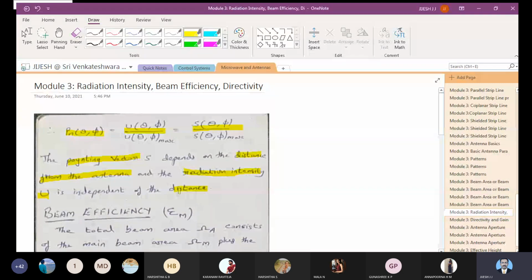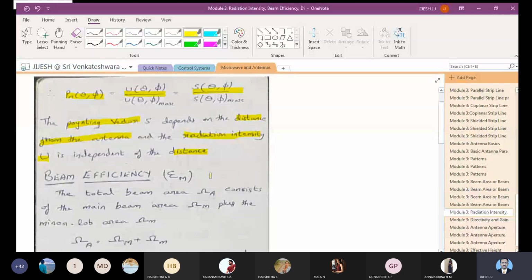So Pn theta phi, we will get by dividing by its maximum value, whether it is U theta phi maximum or S theta phi maximum. So the normalized power or normalized field pattern is obtained by dividing by its maximum value.